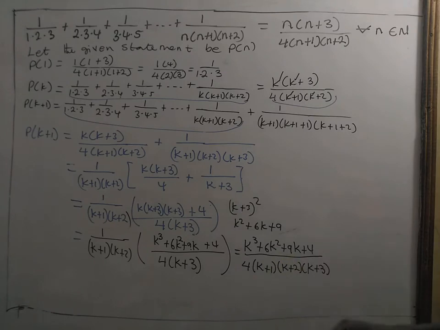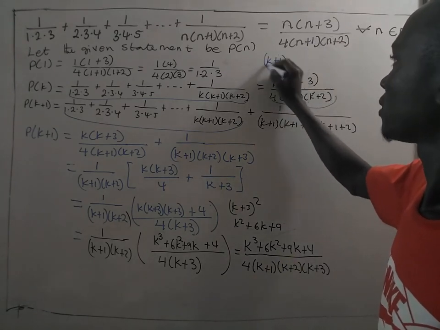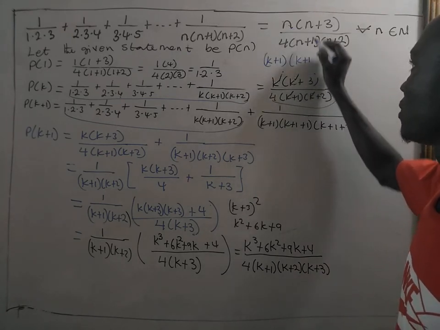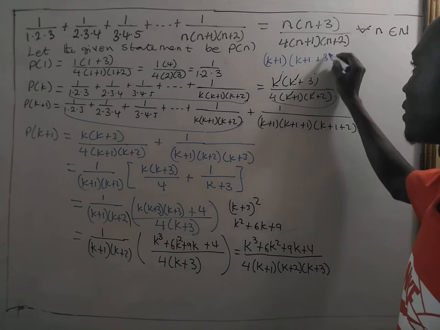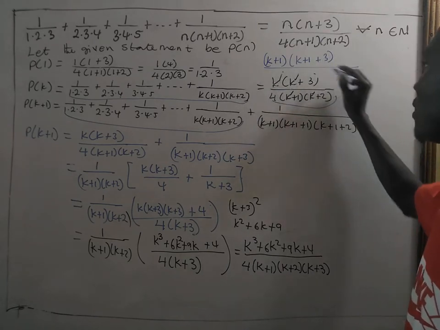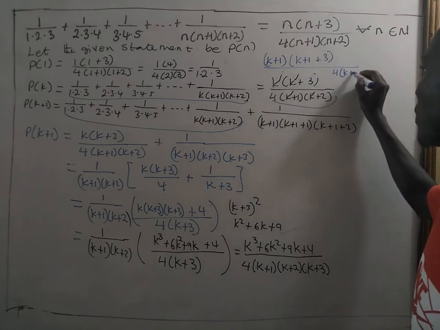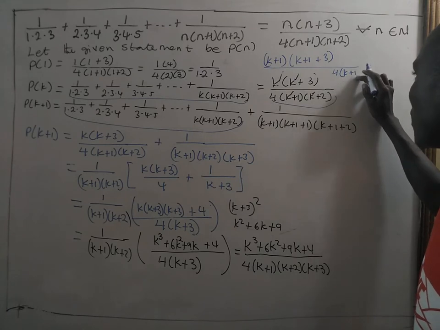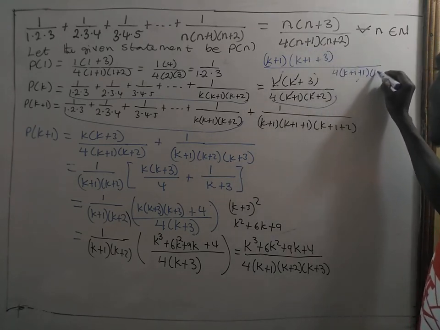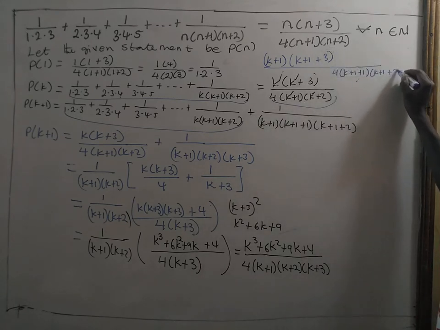So here it means that our final answer should be of this form: k plus 1 for this n times k plus 1 for this n plus 3, all divided by, I'm putting here, 4 times k plus 1 for this n plus 1 times k plus 1 for this n plus 2.